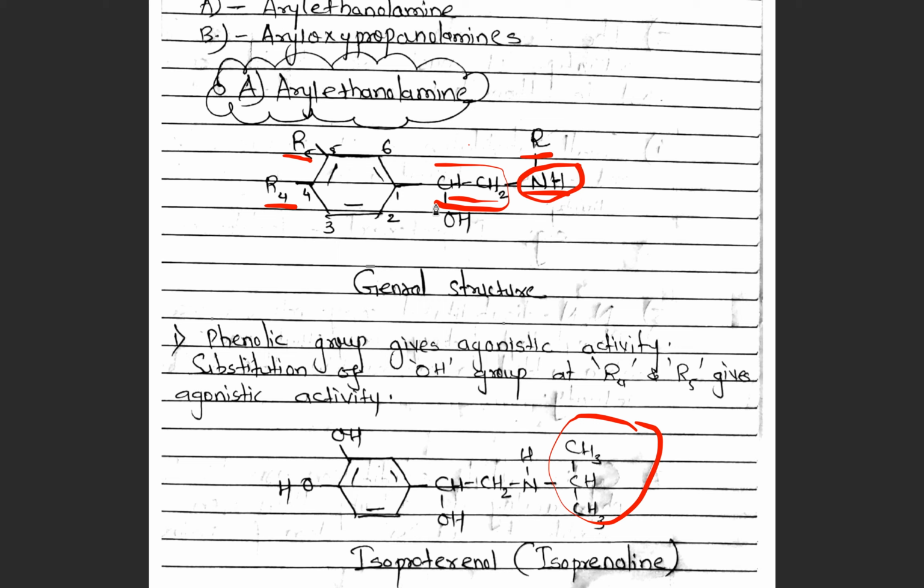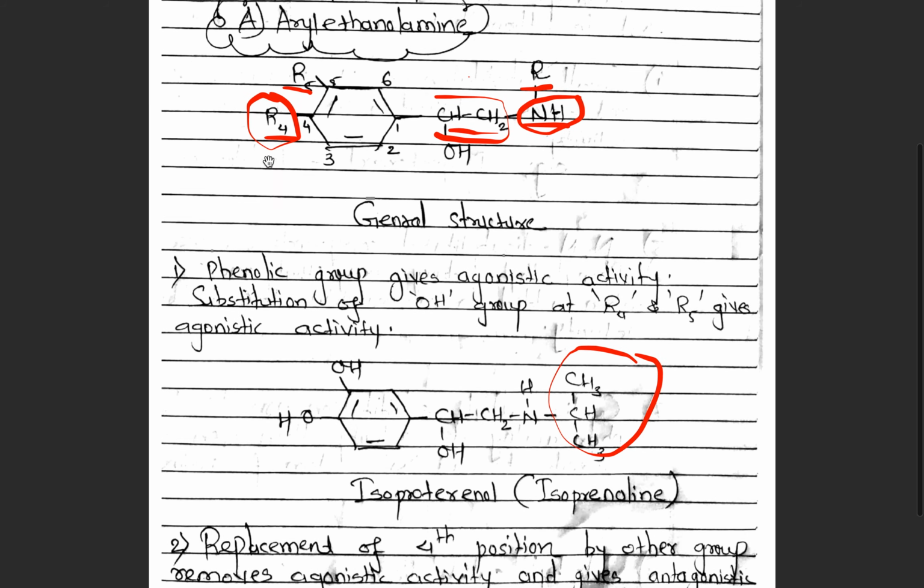Then back to the phenyl ring, if the para hydroxy group is replaced by a sulfonamide, methyl sulfonamide specifically, then it will increase the activity. The example is sotalol.